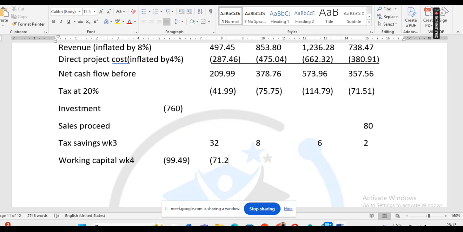Next, 76.5. Positive, next. Negative. Okay, next, 99.57 positive. Next, 147.69.